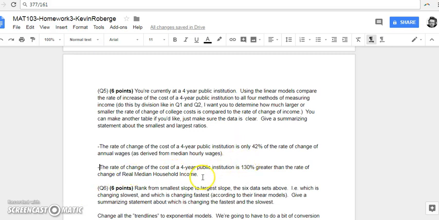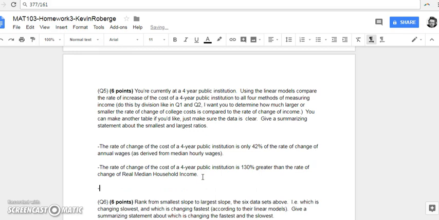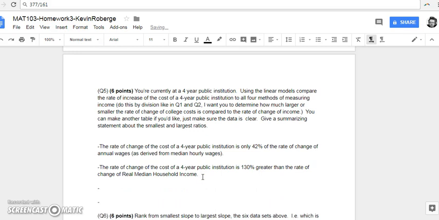So you have two more statements to do here. I'll leave those for you to do. But that's the idea. You saw the scratch work that I did, and then I turned that scratch work into a complete sentence. So that's one way of doing it. Again, you could do this in a table if you wanted to. And then at the end, just give a little summarizing statement about the smallest and largest ratios.